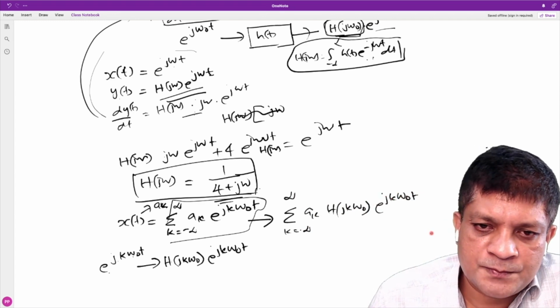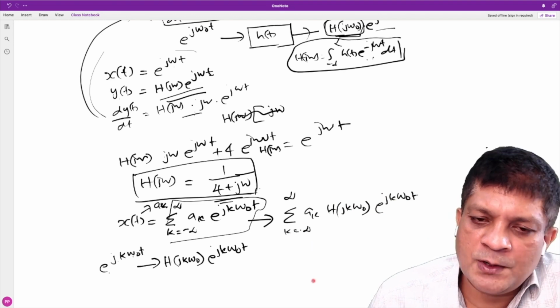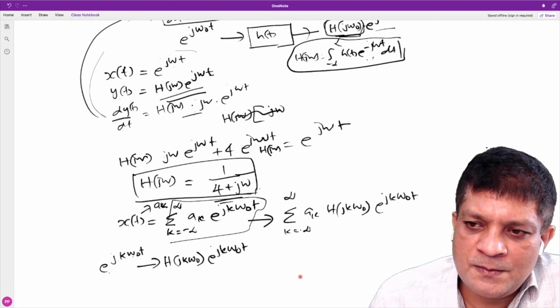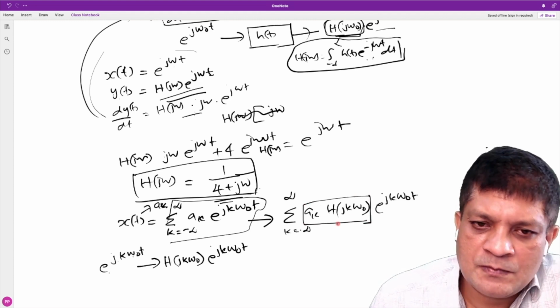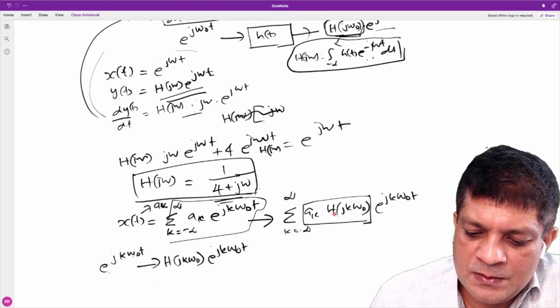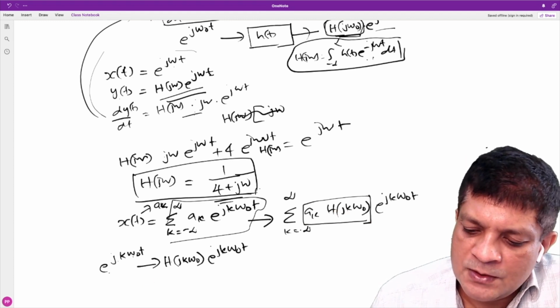Now, what are the Fourier series coefficients of the output signal? Yes, a_k into H(j k omega naught). So that is the property.